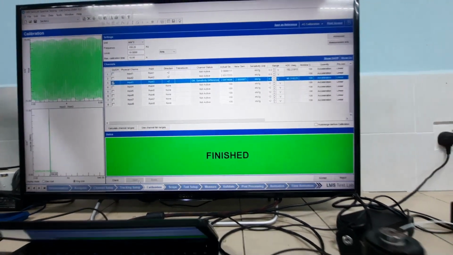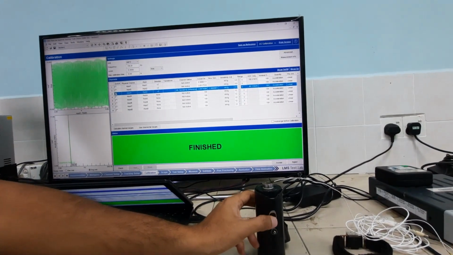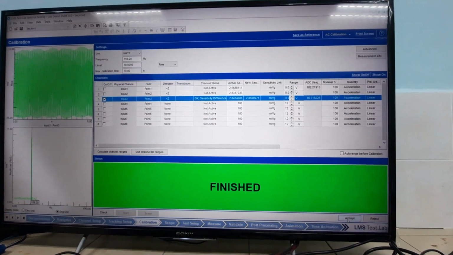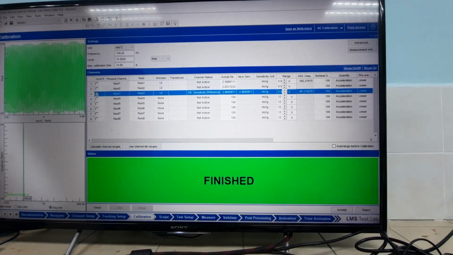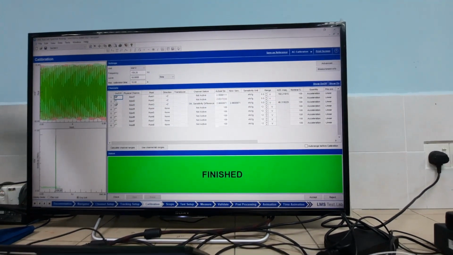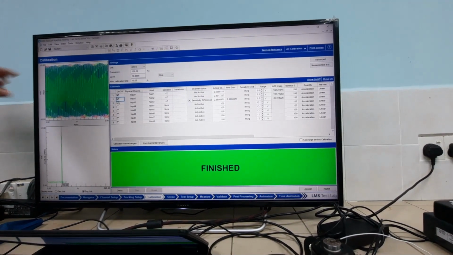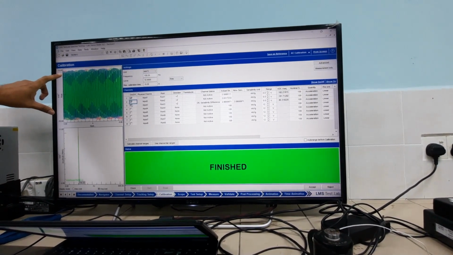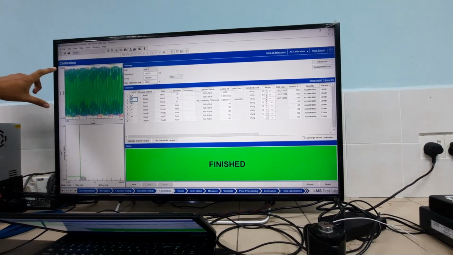After finishing, we stop the calibrator and accept the value. We do the same for channel 1 and channel 2, so that they are also calibrated. You can see the red, blue, and green colors, all of which have been calibrated.